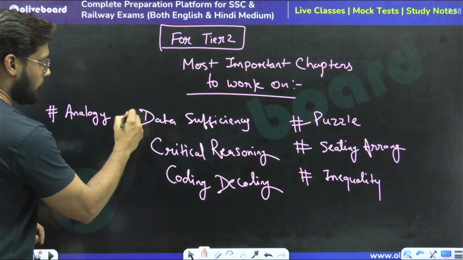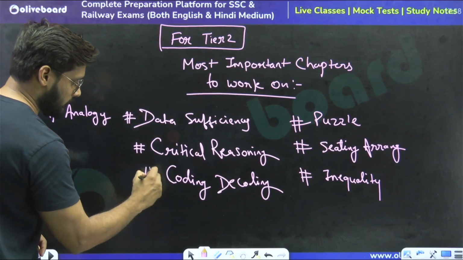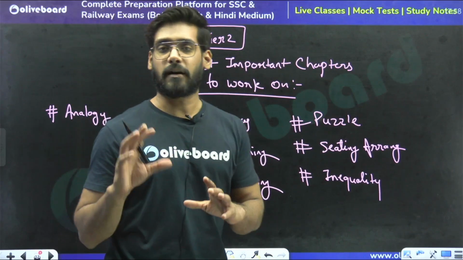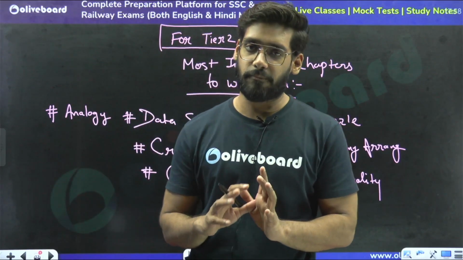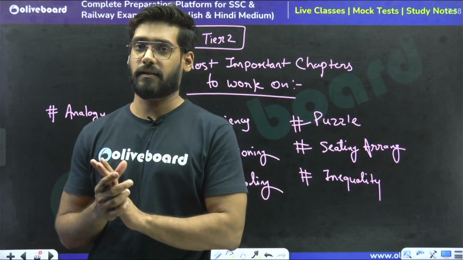These are the most important chapters for tier 2, but for tier 1, each and every chapter is important and you need to work on each and every chapter, right?